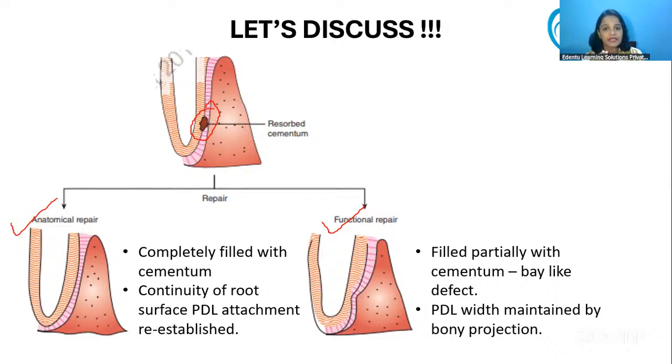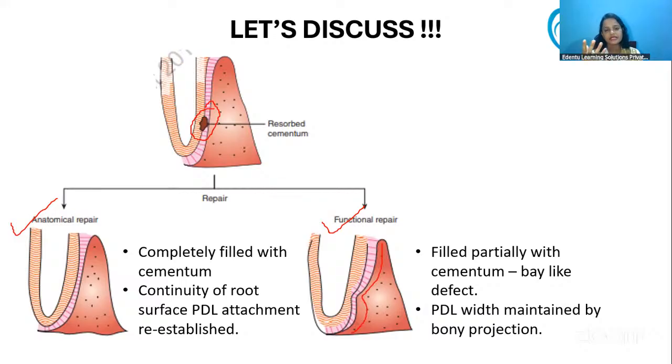But the periodontal ligament width cannot be increased beyond a point. It should be maintained. So to maintain this width, the bone creates a projection into the defect area.